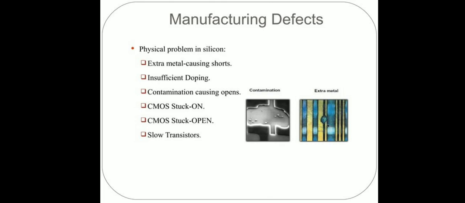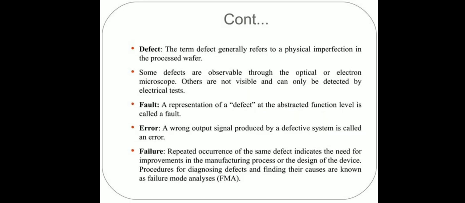Manufacturing defects are physical problems such as extra metal causing shorts, insufficient doping, contamination causing opens, CMOS stuck on, CMOS stuck open, and slow transistors. The term defect generally refers to a physical imperfection in the processed wafer.